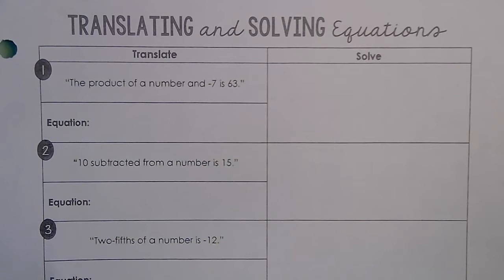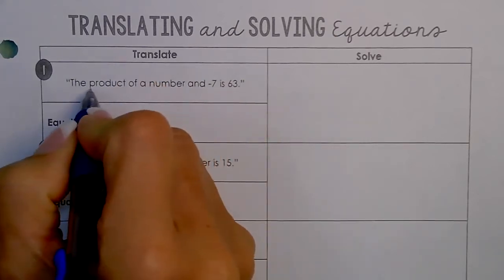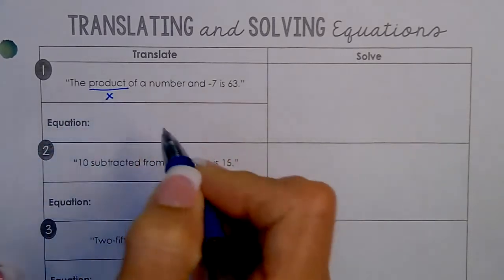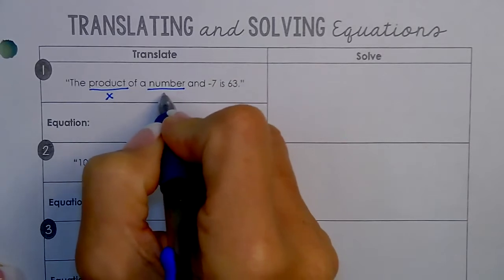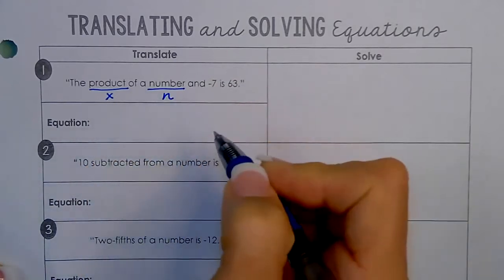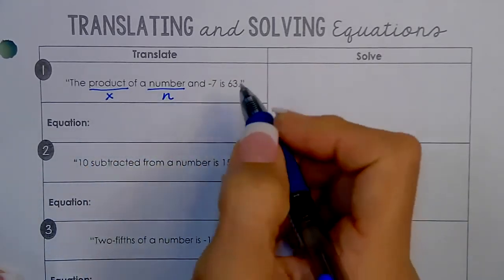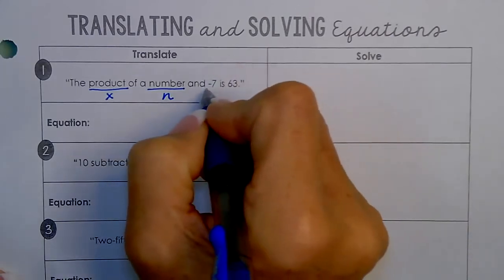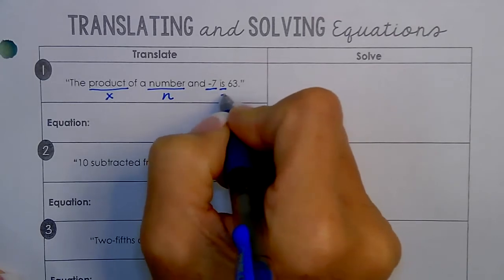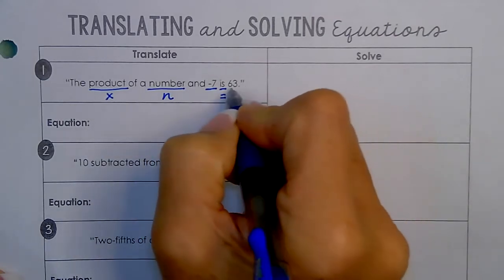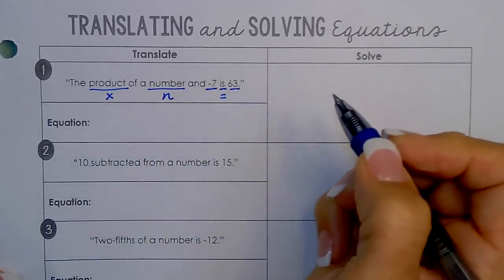Number one, the product of a number and -7 is 63. Product means to multiply. Of a number, we don't know what that number is, so I'm going to just call it n. And -7. Is always means equals 63.